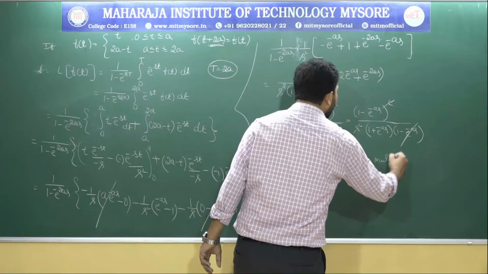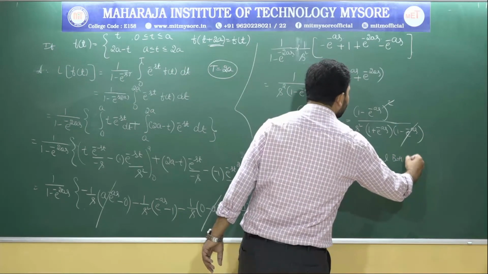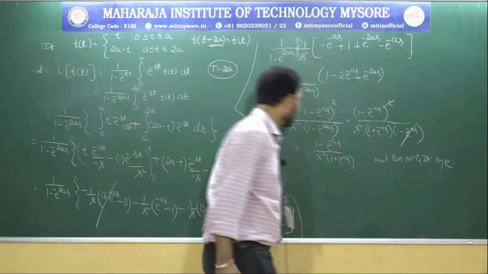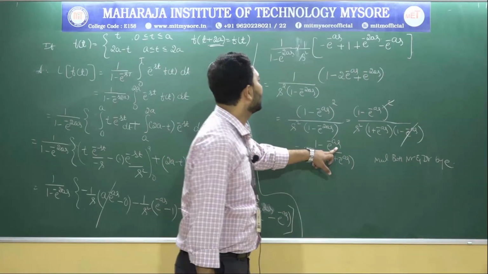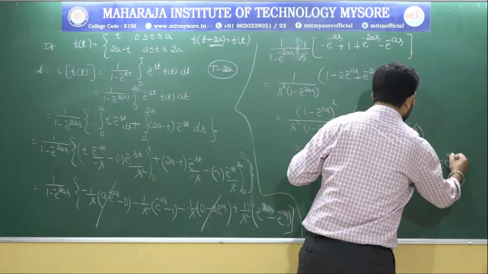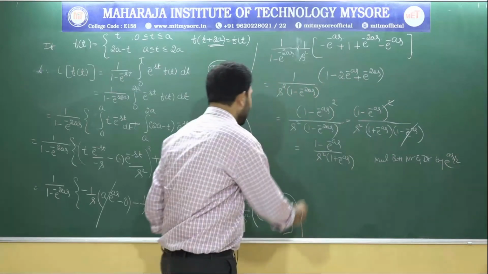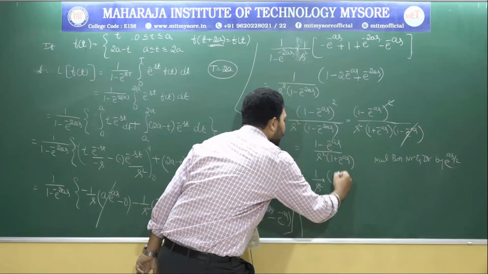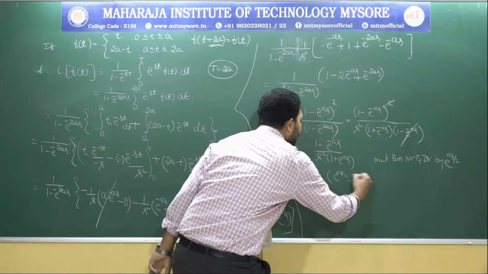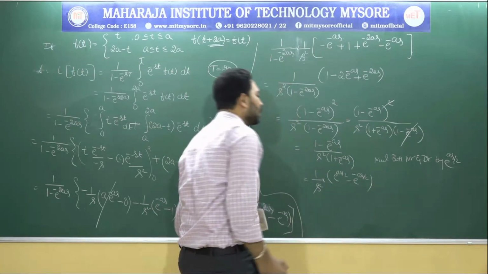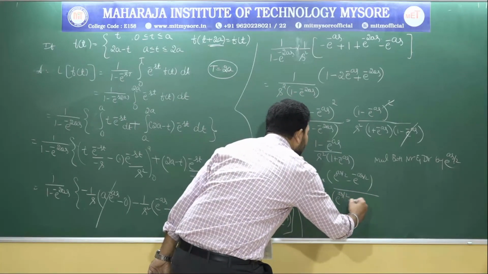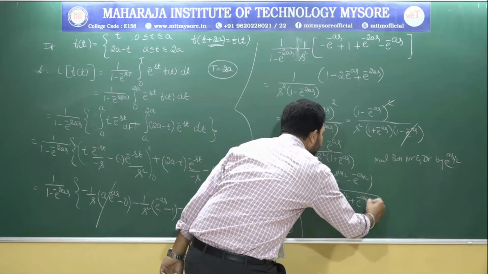So multiply both numerator and denominator by e power as by 2 to get the result. We will get 1 by s square into e power as by 2 minus e power minus as by 2, divided by e power as by 2 plus e power minus as by 2.